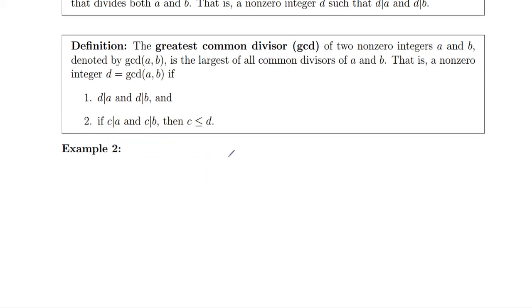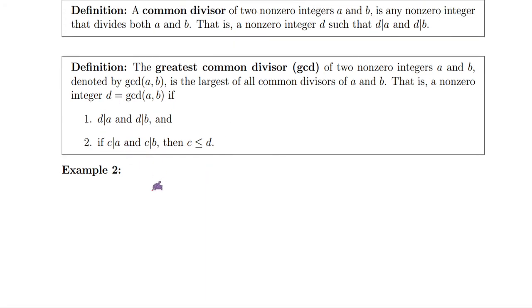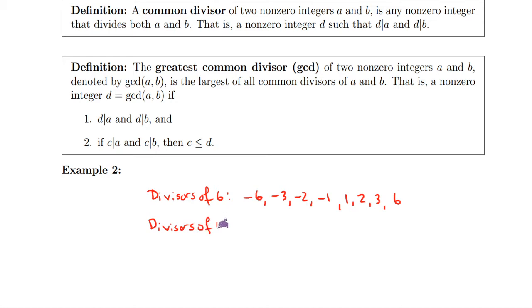Okay, so a quick example of this. Let's compute the GCD of 6 and 4. I could look at the divisors of 6 again: -6, -3, -2, -1, 1, 2, 3, 6, and then I could also look at the divisors of 4, which would be -4, -2, -1, 1, 2, and 4. Then I can ask, among the divisors of 6 and 4, which ones are the common divisors?